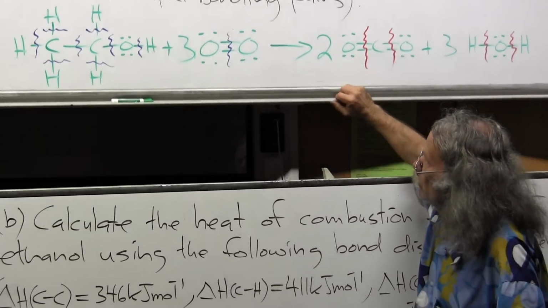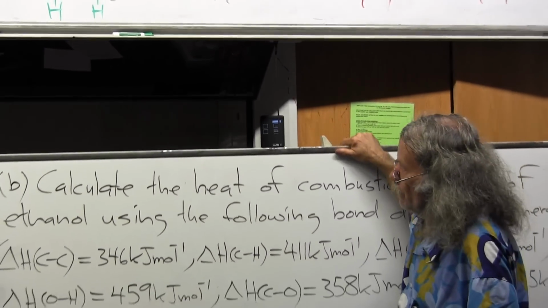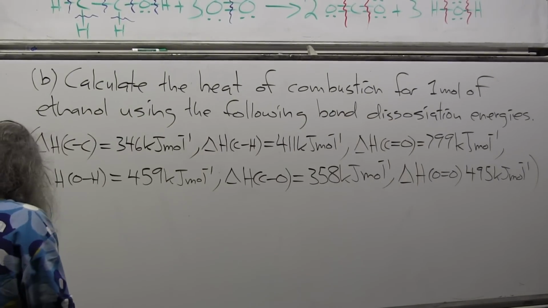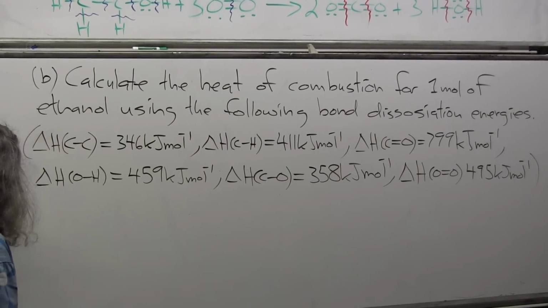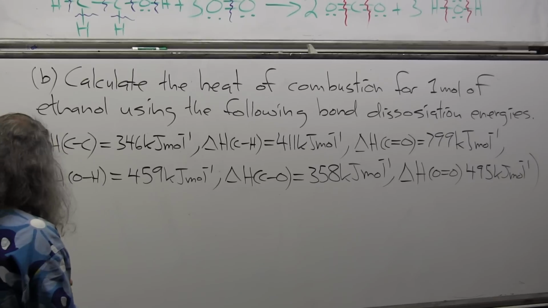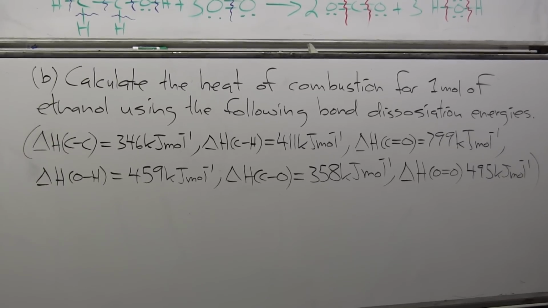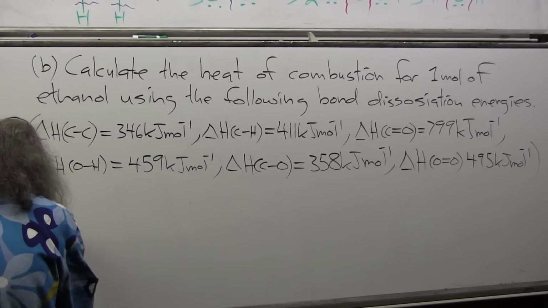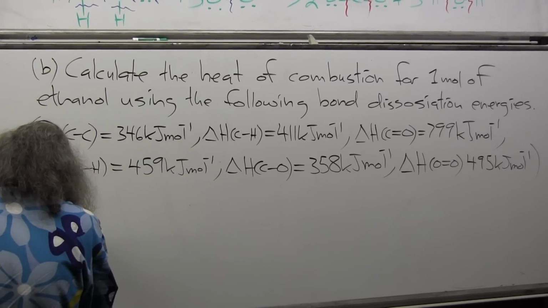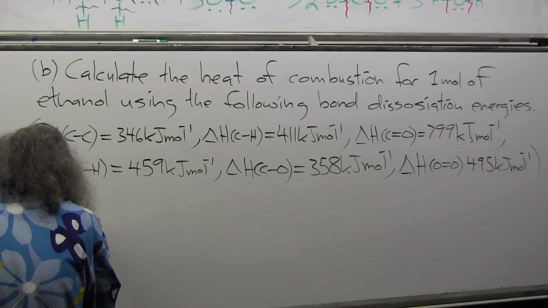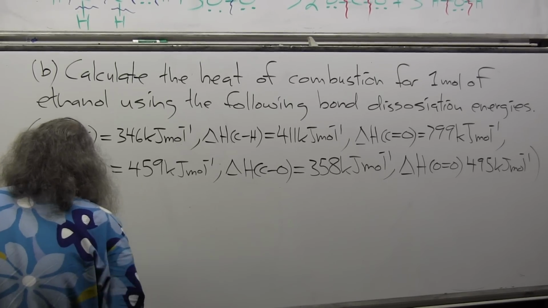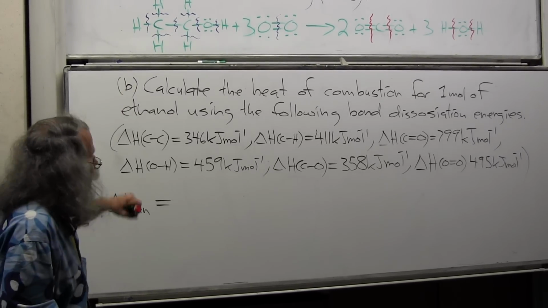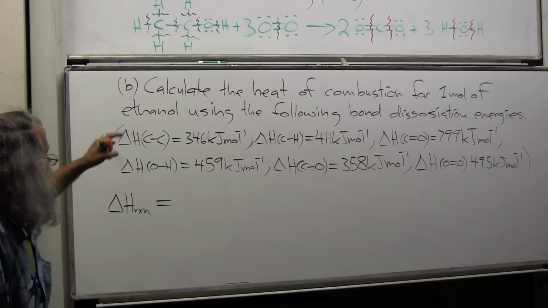So now we can go to problem 2. Delta H for the process, I'll start out in black pen, is going to be equal to, and I'll do in blue the energy that I'm going to be placing in.